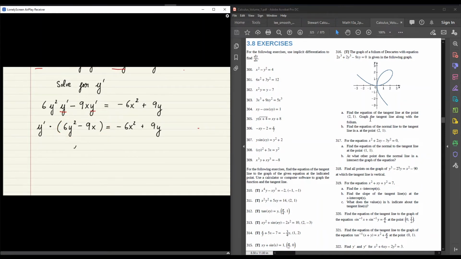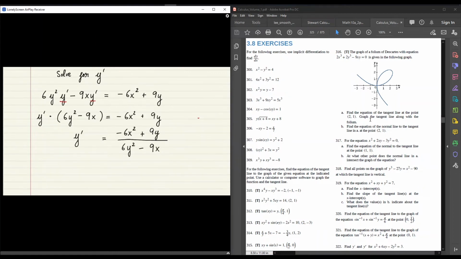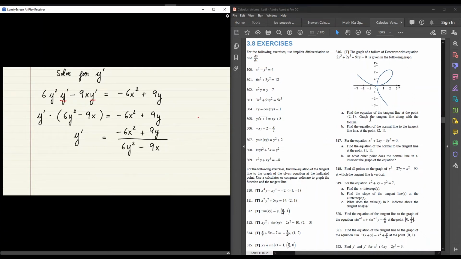So I will get that y prime is equal to negative 6x squared plus 9y divided by 6y squared minus 9x. And I have obtained the formula for the derivative of this function in terms of both x and y.